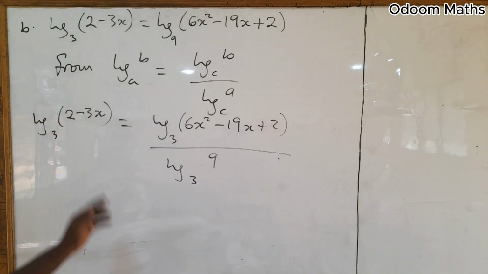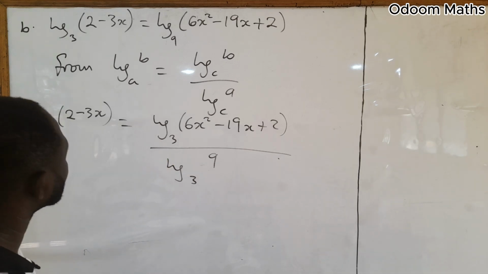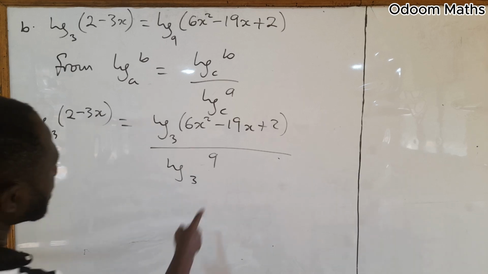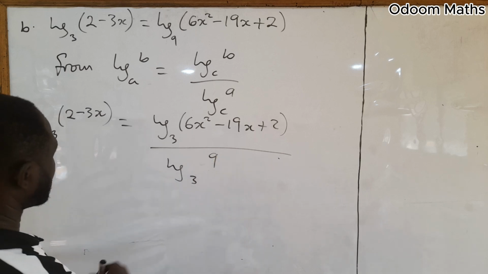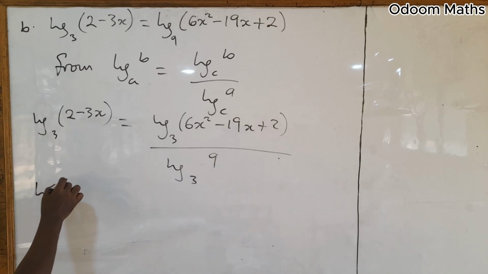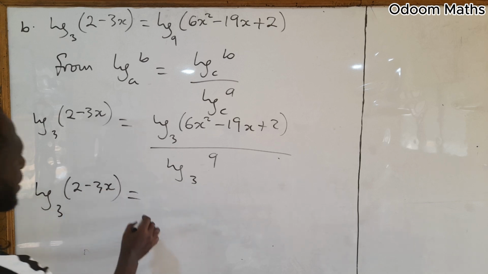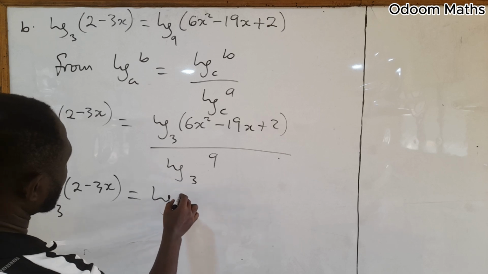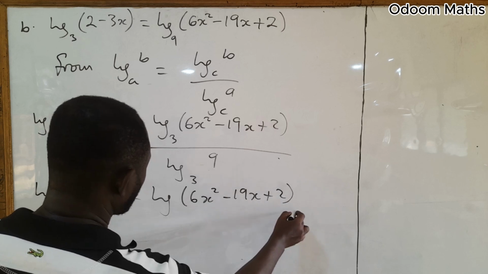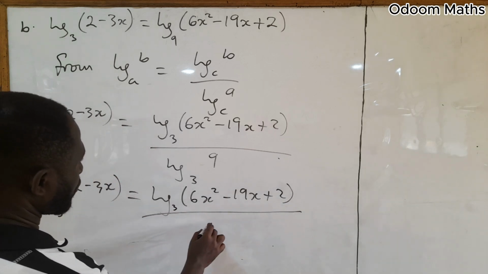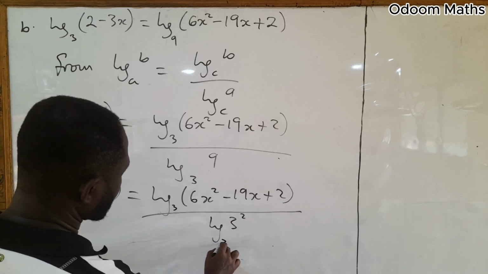So instead of getting a new number, I have used 3, and I will get the same answer. Okay, so with this one, we can look at 9 to be 3 to the power 2. So log 2 minus 3x base 3 is equal to log bracket 6x squared minus 19x plus 2 base 3 all over log 3 to the power 2 base 3.